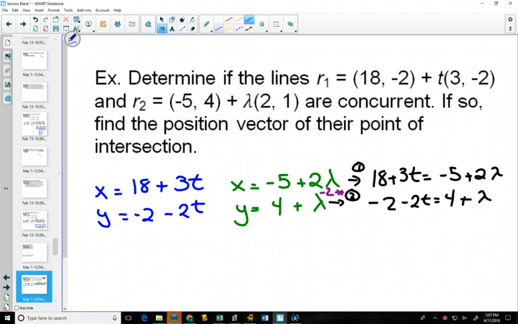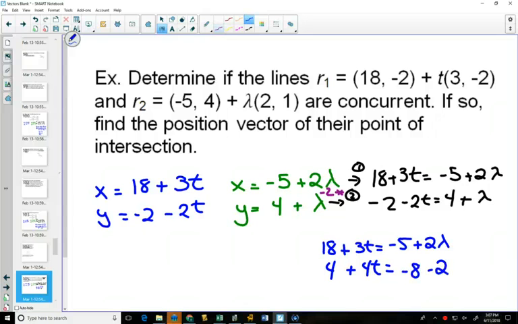So if I rewrote equation 1, I have 18 plus 3t equals negative 5 plus 2 lambda. And if I multiply equation 2 by a negative 2, I will get 4 plus 4t is equal to negative 8 minus 2 lambda. Add those two equations together.